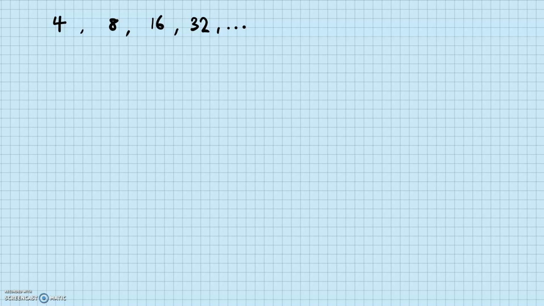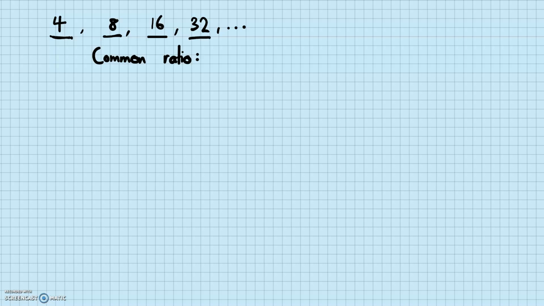What is the common ratio of this geometric sequence? And you can say, okay, how did you get from 4 to 8? And you can say that you've multiplied by 2.